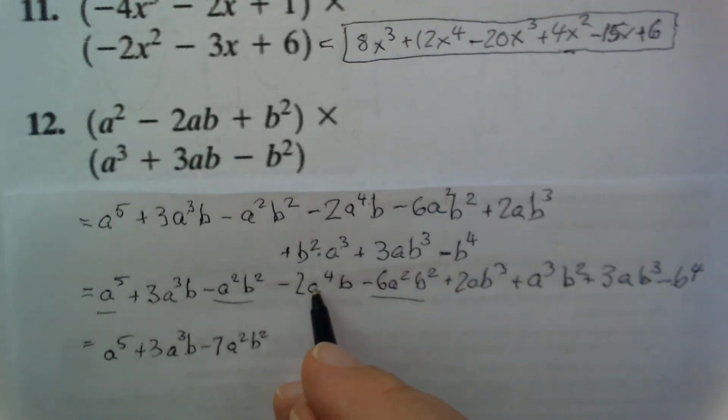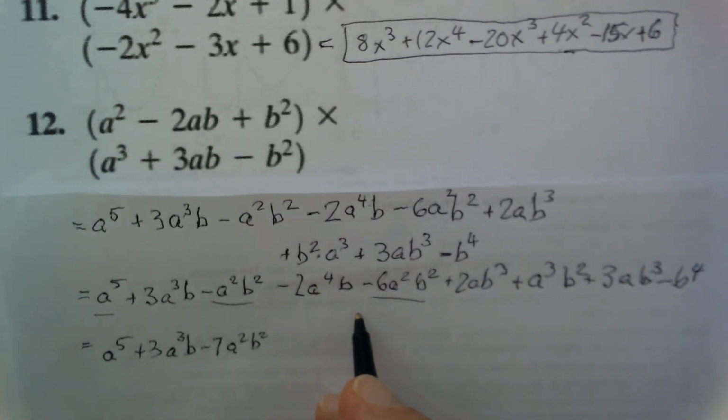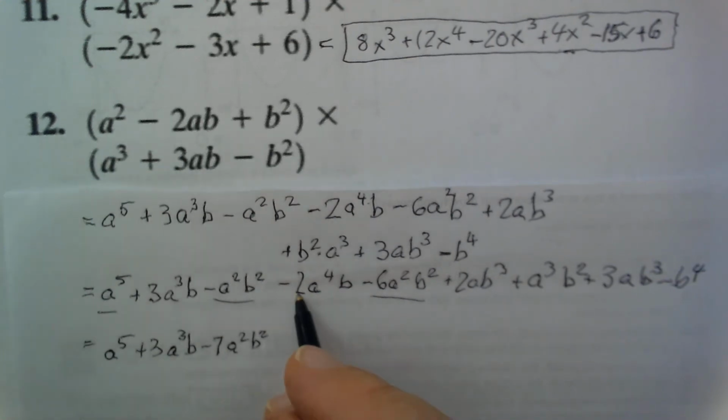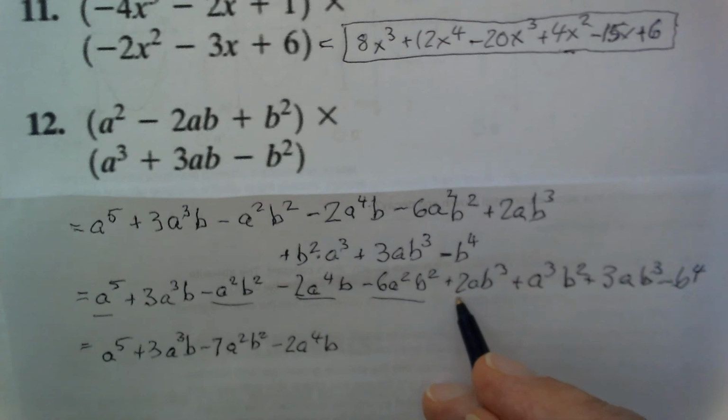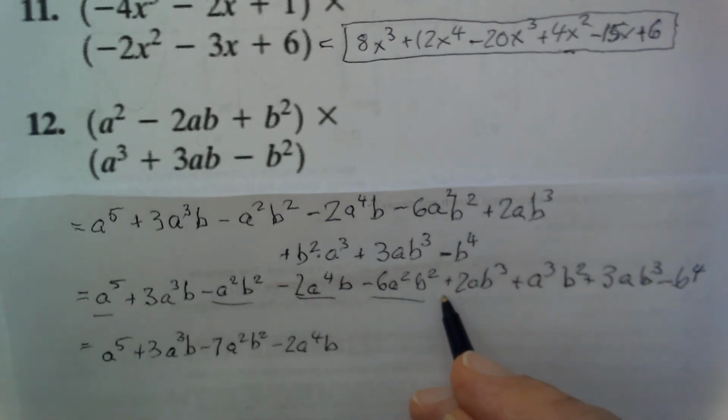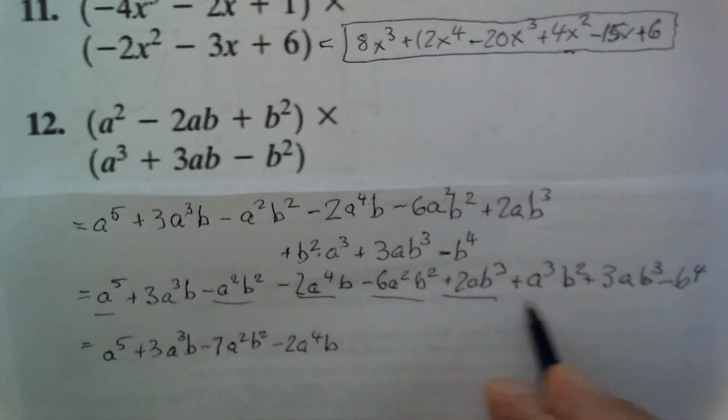And then we have 2a to the fourth b, and that's the only a to the fourth b that we have. Minus 2a to the fourth b. And then we have ab to the third. Two of those, 2ab to the third. And we have 3ab to the third.